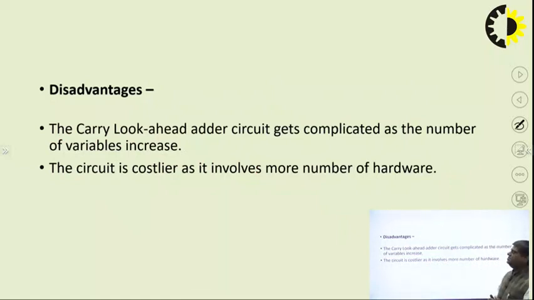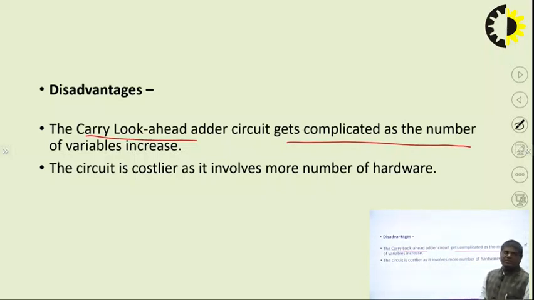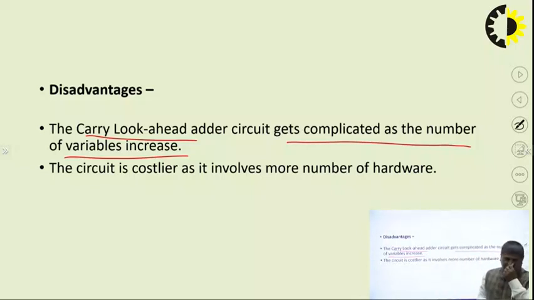Now, there are some disadvantages of the carry Lookahead adder. For designing a carry Lookahead adder, the circuit diagram is very complicated, since the number of variables increases. C1, C2, P0, these variables are increased.